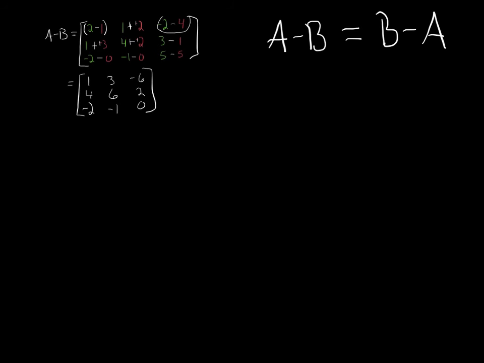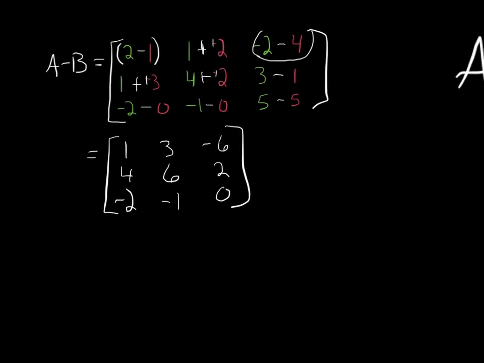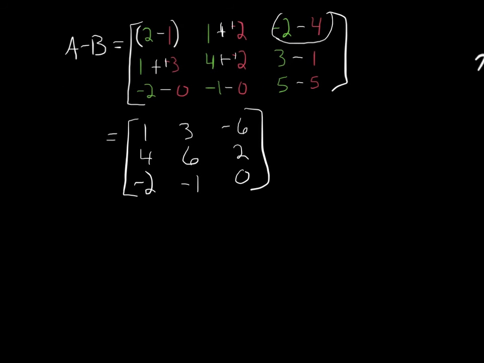Now let's look into this and see what would happen. If I did B minus A instead of A minus B like I did here, the only thing that would change is now these red values from matrix B would be first. So let's look at this if we changed it. B minus A would be basically the same thing except in a different order.